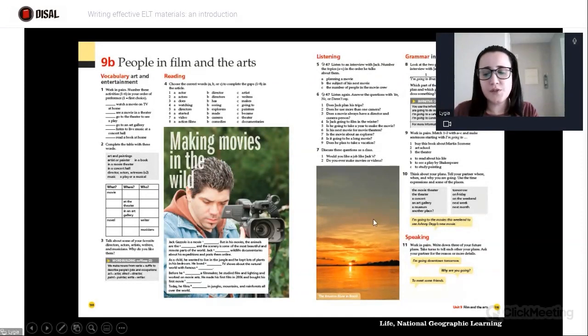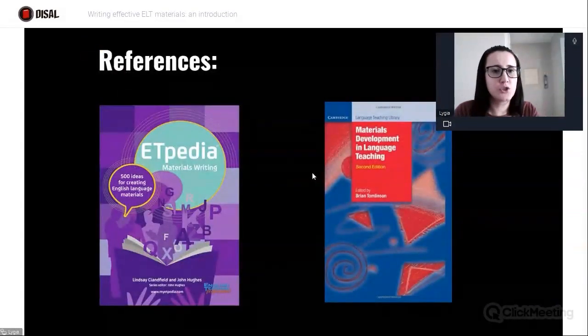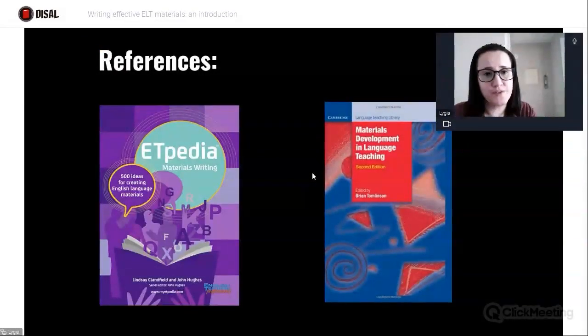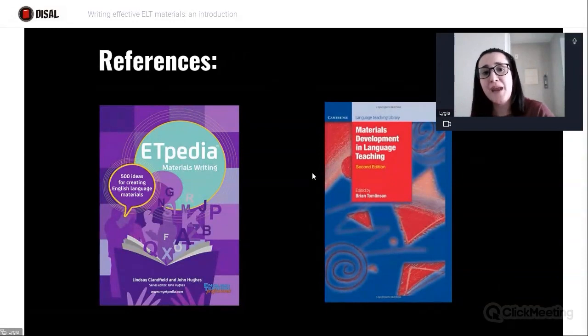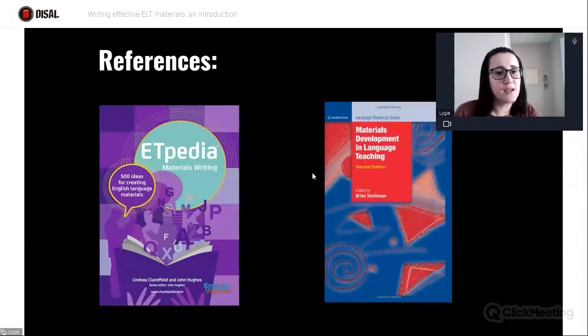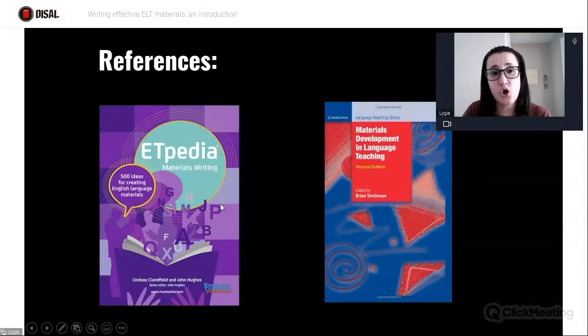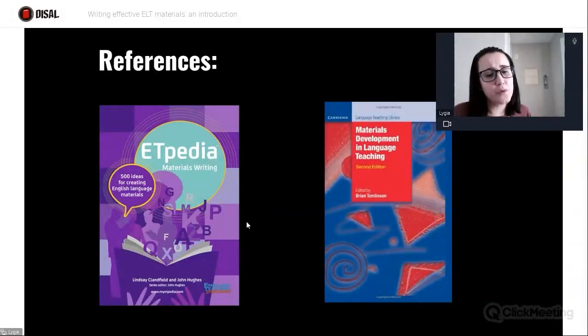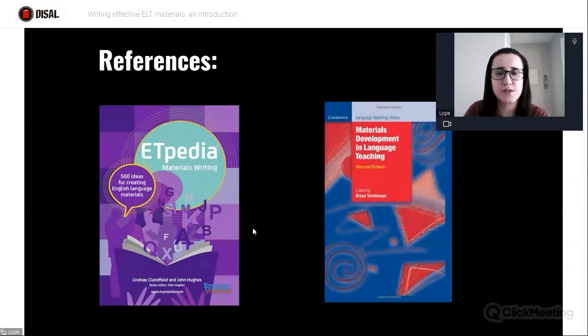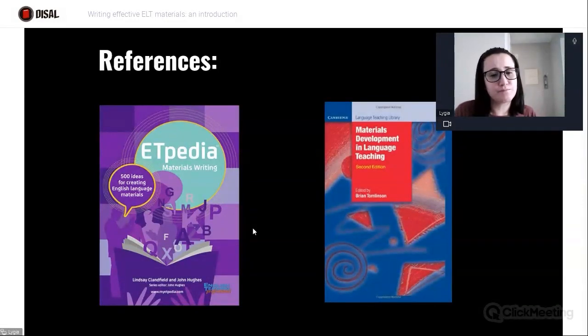Well, if you're still thinking about a question, let me just show everyone the references in the meantime. These are the main references that I've used for this session. So the first one is ETpedia, a book by Lindsay Clanfield and John Hughes. And by the way, John Hughes teaches a wonderful course on materials writing at the Oxford University.